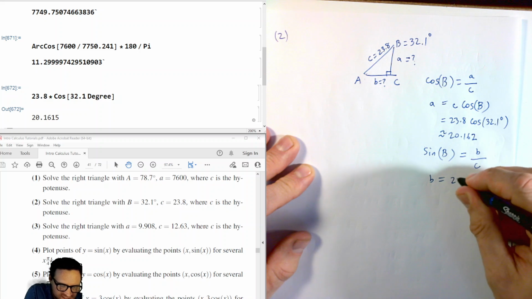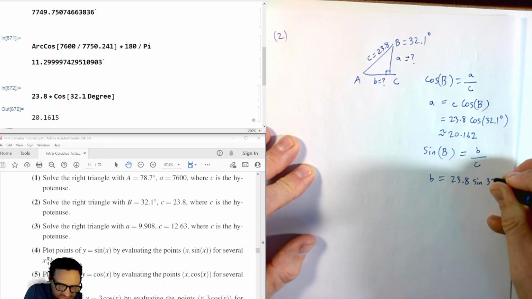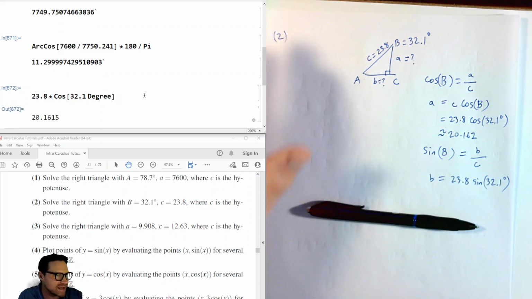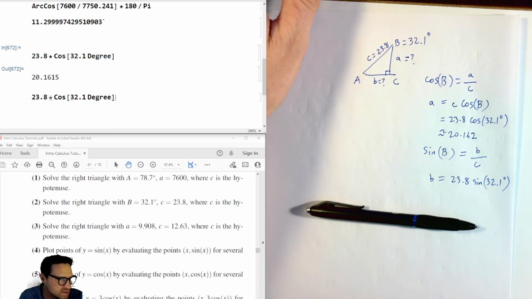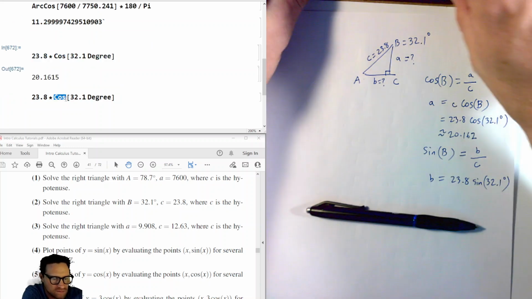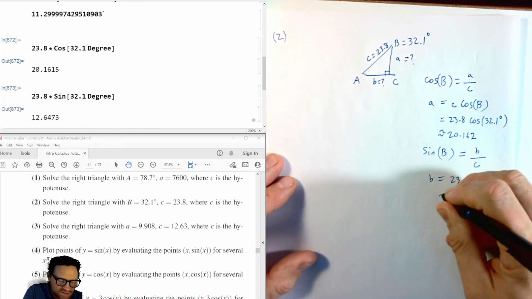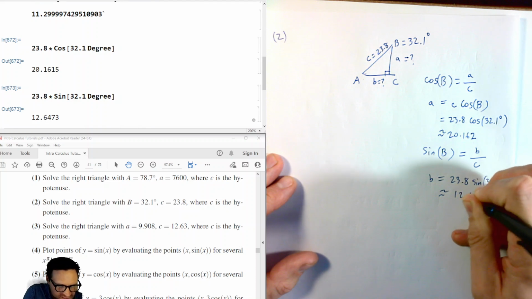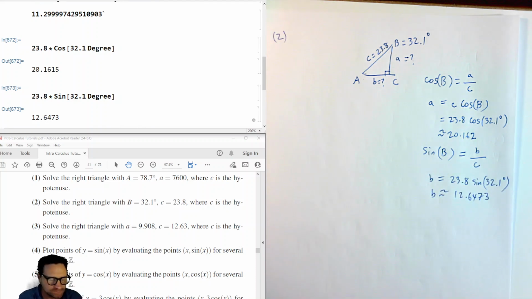So we have 23.8 sine of 32.1 degrees. I'll just copy and paste this, but change my cos to sine. And so I get 12.6473 as b.